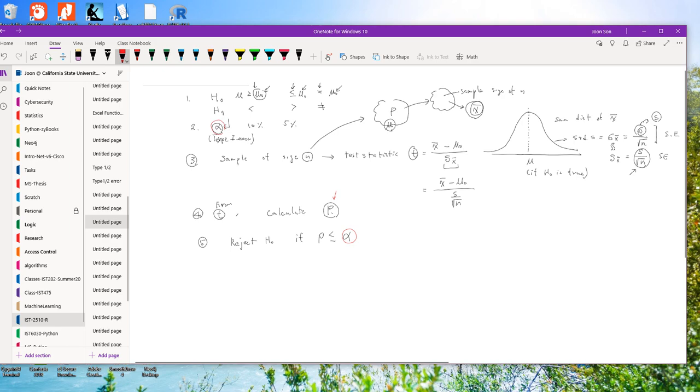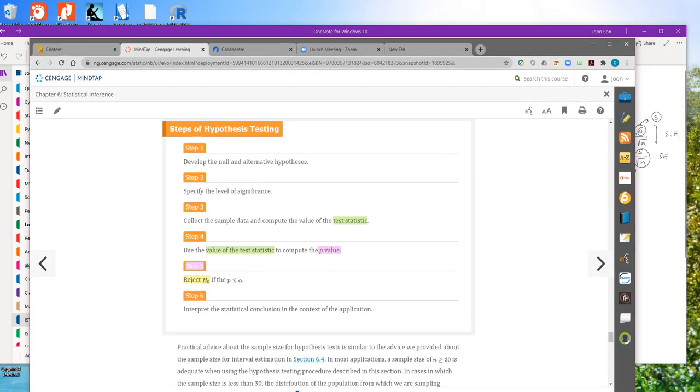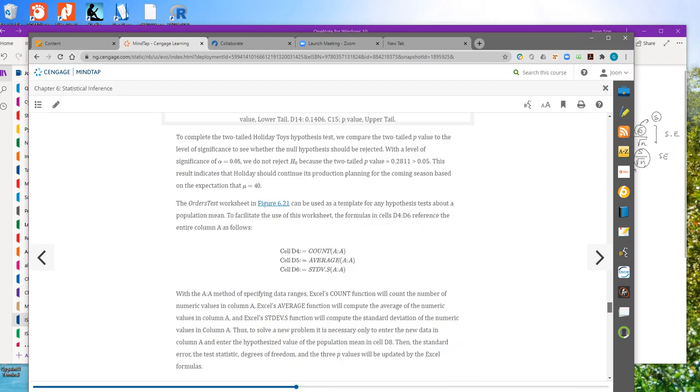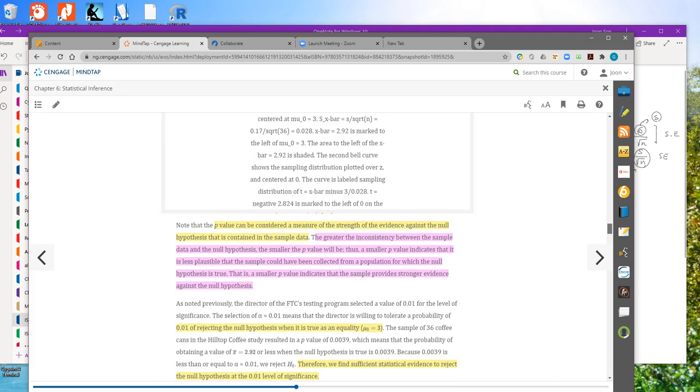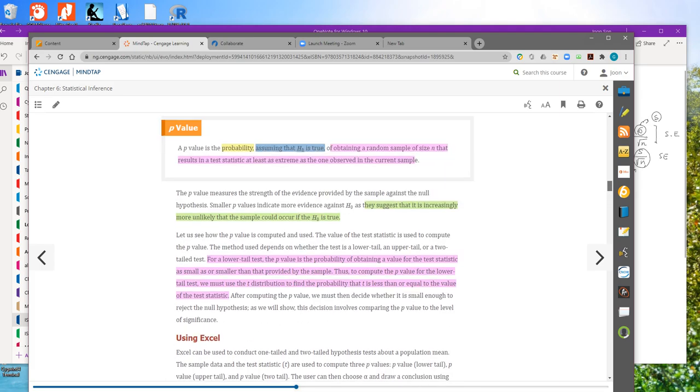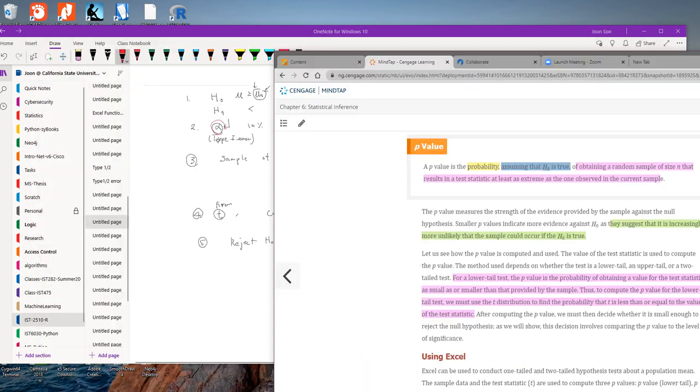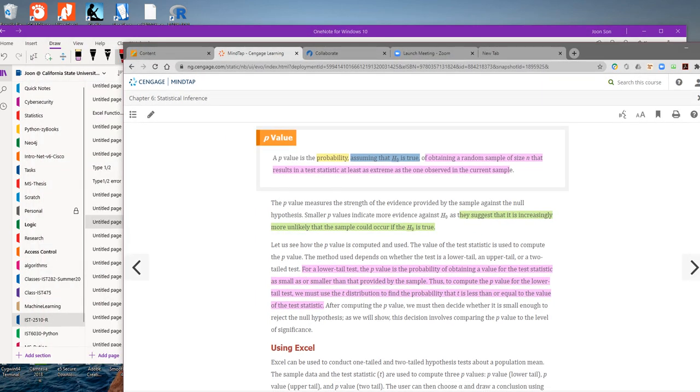The definition of the p-value is the probability, assuming that H naught, the null hypothesis, is true, of obtaining a random sample of size n that results in a test statistic at least as extreme as the one observed in the current sample.